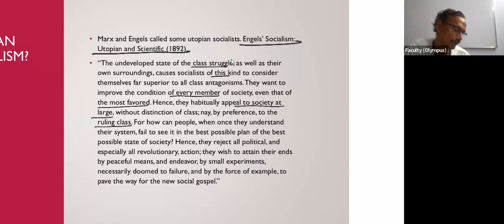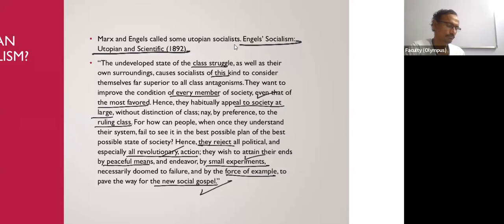For how can people, when once they understand their system, fail to see it as the best possible plan of the best possible state of society? Hence, they reject all political and especially all revolutionary action. They wish to attain their ends by peaceful means and endeavor, by small experiments, necessarily doomed to failure, and by the force of example, to pave the way for the new social gospel. So, no revolution, incremental and experimental, and no conflict.